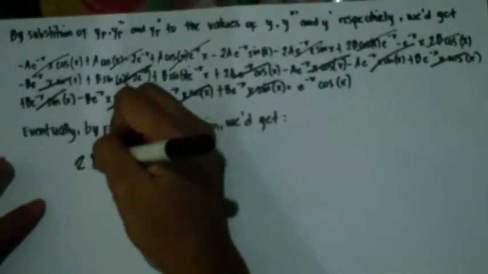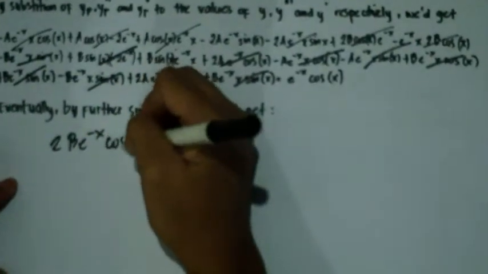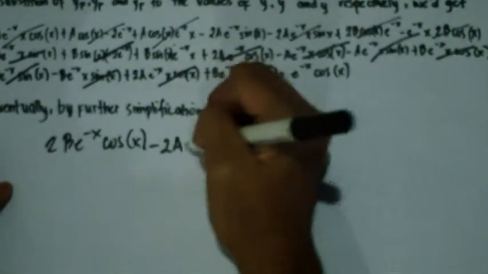And eventually, simplifying this, the like terms would cancel out to give us a result, which is 2b e raised to negative x cosine x minus 2a e raised to negative x sine x is equal to e to the negative x cosine x.